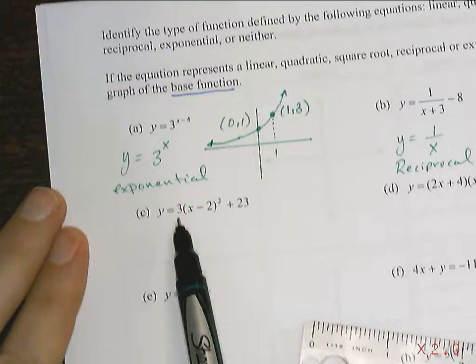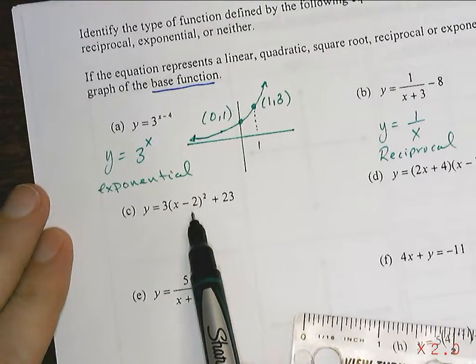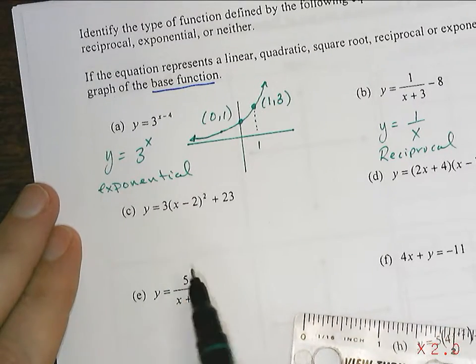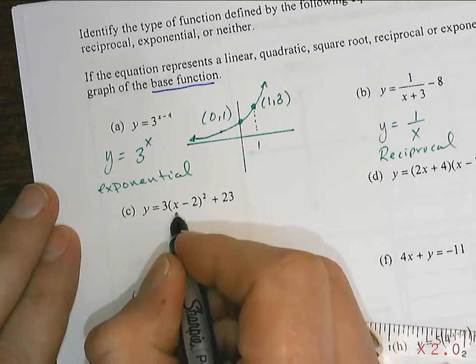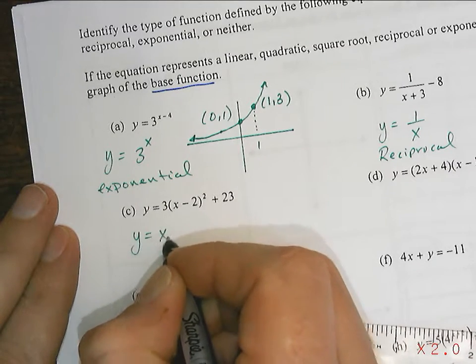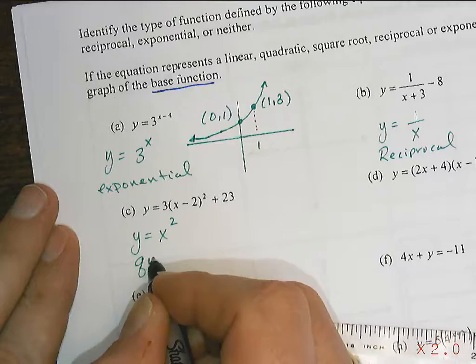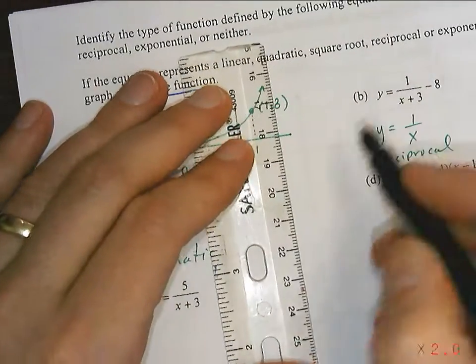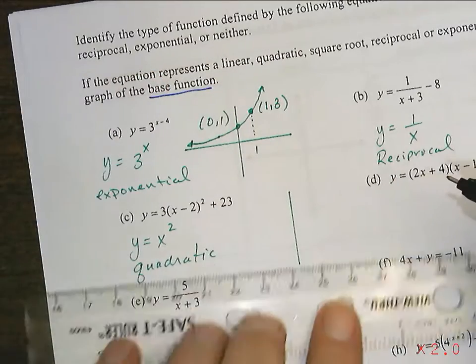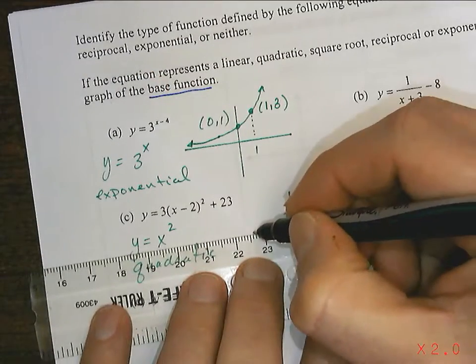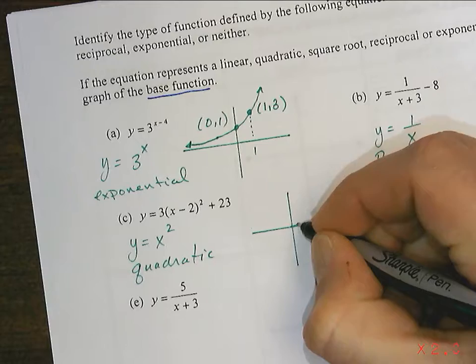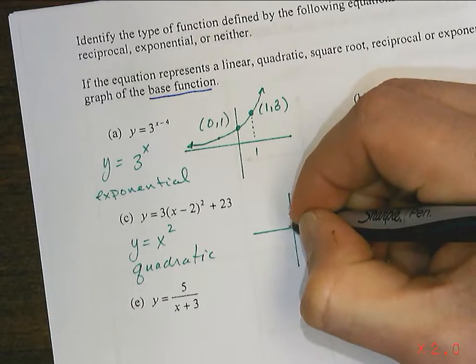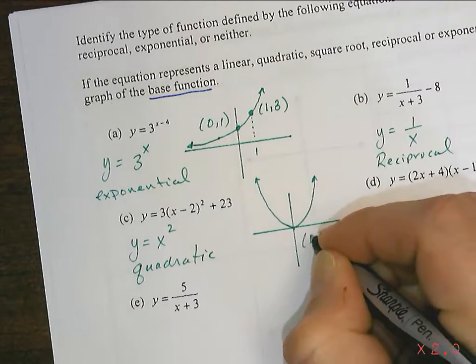So look at this one. This is going to be an exponential. No, it's not an exponential function. This is a quadratic function. Its base function is y equals x squared. So the base function is going to look like this. Vertex 0, 0, and it opens up.